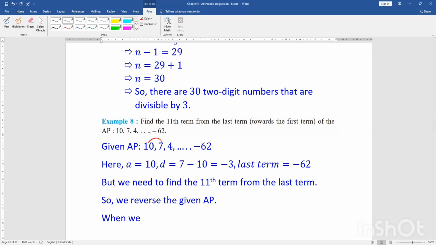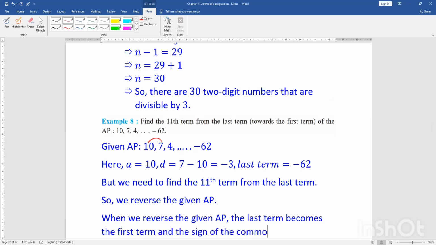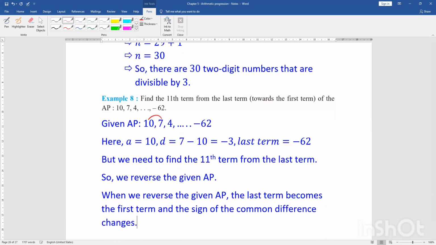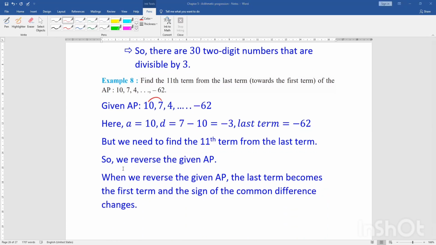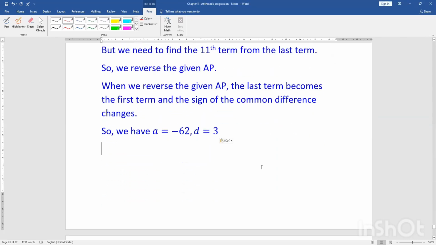See what happens when we reverse it: the last term becomes the first term, and the sign of the common difference changes. So we have A equals minus 62 and D equals 3.